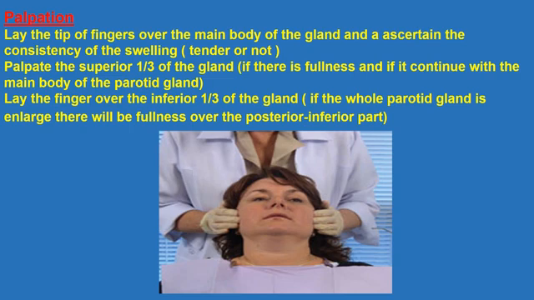To examine the parotid glands, the dentist should stand behind the patient, as you see in the photo, and put both hands bilaterally on each parotid gland, putting the tips of the fingers of each hand and feeling the consistency of the parotid gland, whether there is swelling or not, or any tenderness with slight pressure of the fingers.